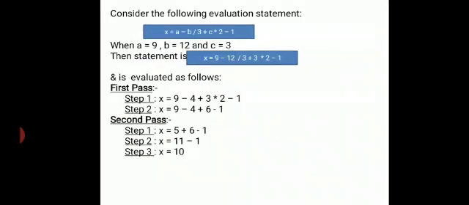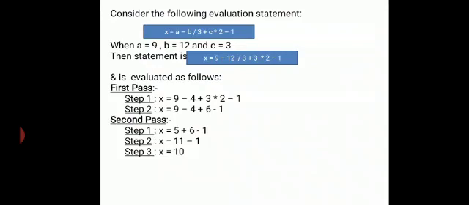For example, x = a - b / 3 + c * 2 - 1, when a = 9, b = 12 and c = 3. Then the statement is x = 9 - 12 / 3 + 3 * 2 - 1.